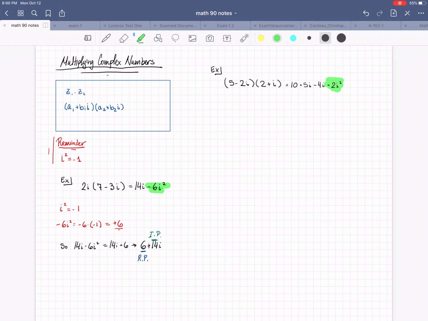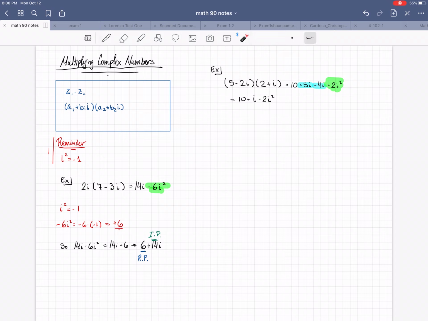But before we do that, notice that we also have a pair of like terms here in the form of the 5i and the negative 4i. So what we have here is 10 plus, so 5i minus 4i is just 1i, so we'll write i, and then I'll write minus 2i squared.